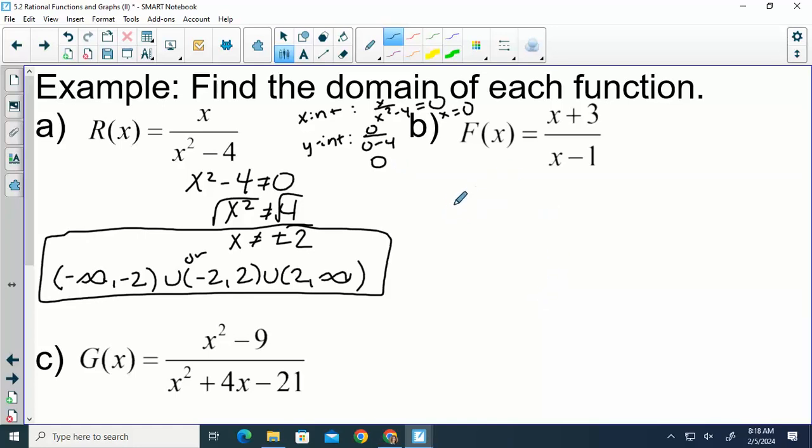All right, B. What's the domain? What can x not equal? So our domain would be negative infinity to 1, union 1 to infinity. What if I ask for the x-intercept? How do we find that?